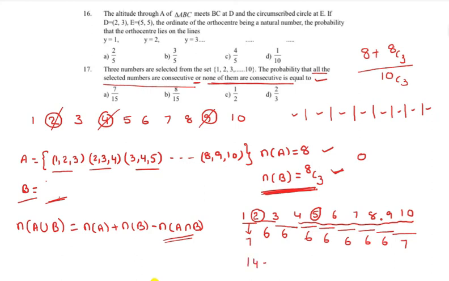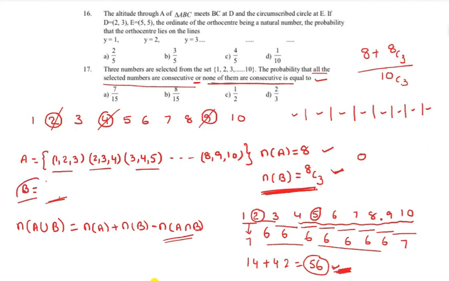So total 14 plus this one is how much? 7 times 6 you will get 42. So in total we are getting 56 favorable cases. What is this for? This is for exactly 2 being consecutive.